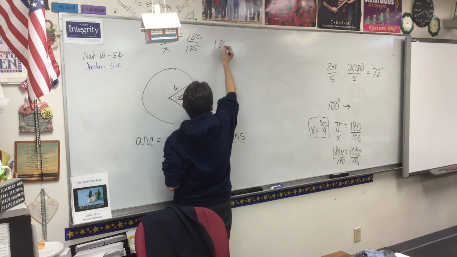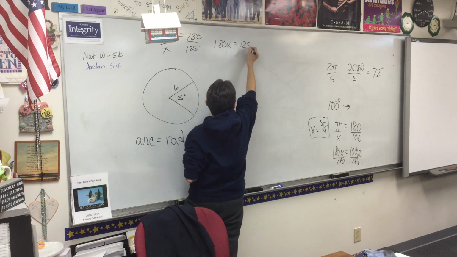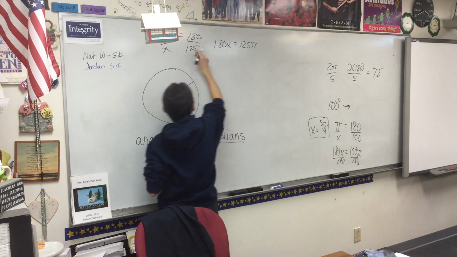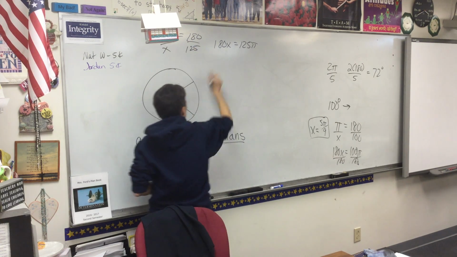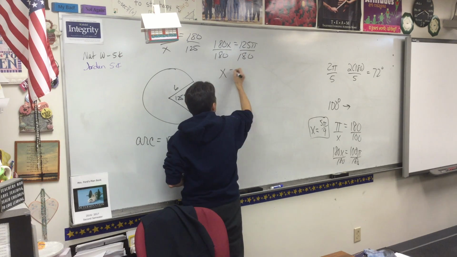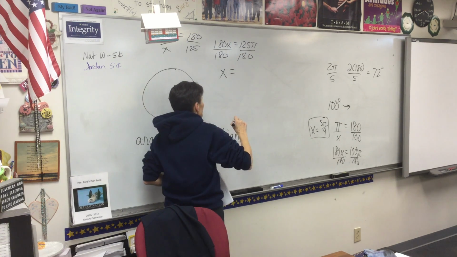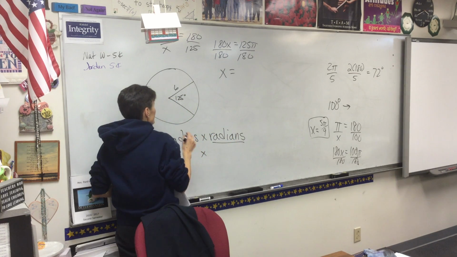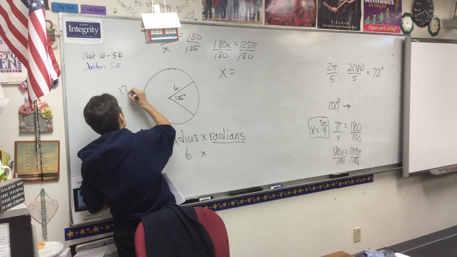So 180x equals 125 pi. Just cross multiply. Divide. So x equals, okay, 5 goes into both of those, so I'll need to do a little arithmetic.